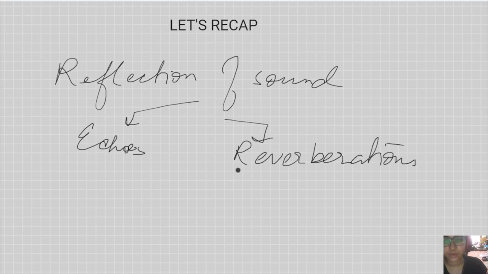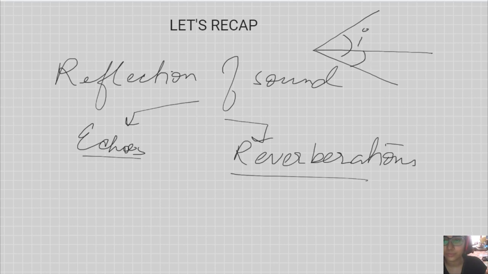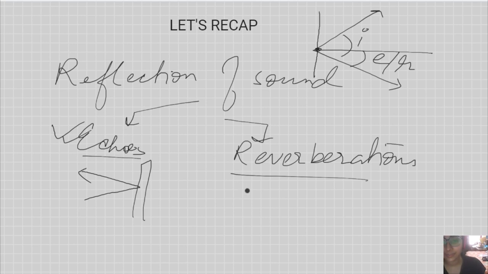The thing was that reflection of sound followed the same laws as reflection of light, which was angle of incidence will always be equal to angle of emergence or reflection, provided that the point of incidence, the point of reflection, and the normal are all on the same plane. If the sound is reflected through a large wall once and then it comes back to the listener, then it is an echo. And if the reflection takes place multiple times, then it is called reverberations.